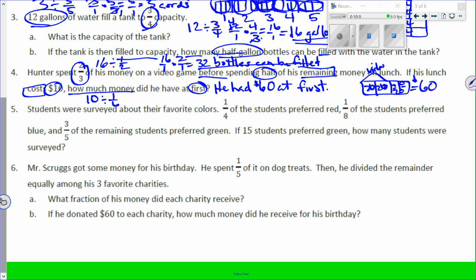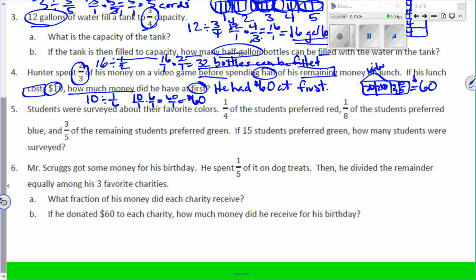So 10 divided by the 1/6, which would be my total. Now I do my keep, turn it into an improper fraction, change, flip. 10 times 6 is 60, 1 times 1 is 1, so it's $60. So mathematically, you can do it, but it gets really complex to do it mathematically when they're throwing all the different fraction pieces in there that you've got to keep track of.